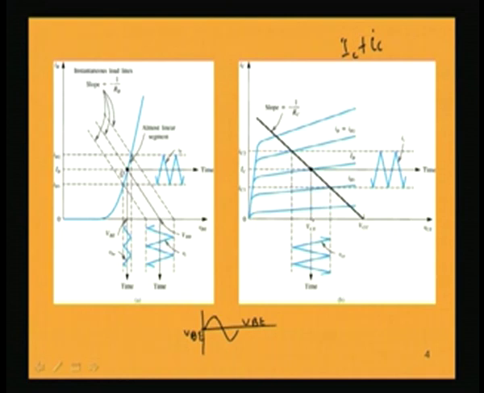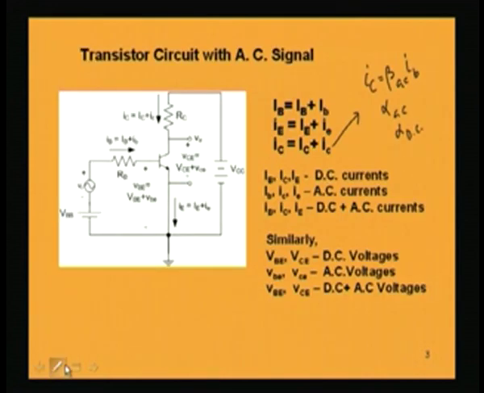This DC value is the collector to emitter voltage, VCE. Now, the value of VCE when the collector current increases is given by VCC minus ICRC.